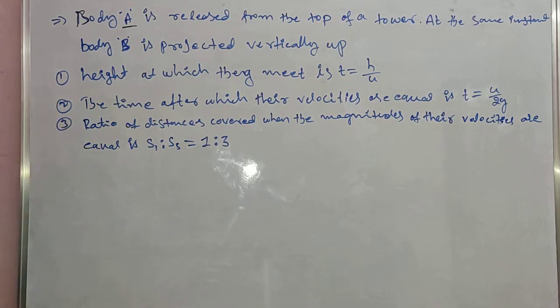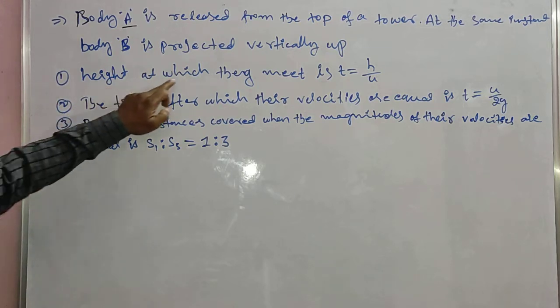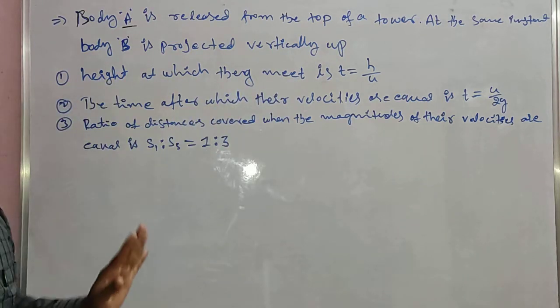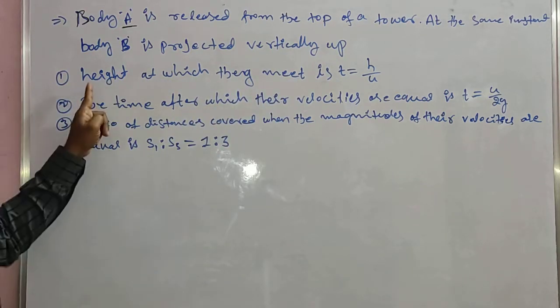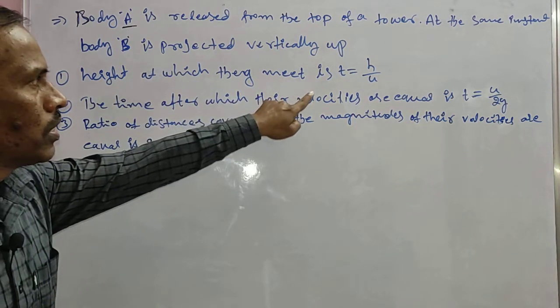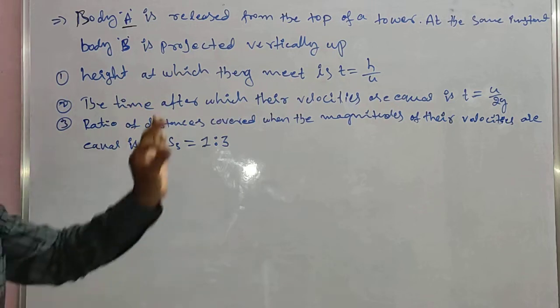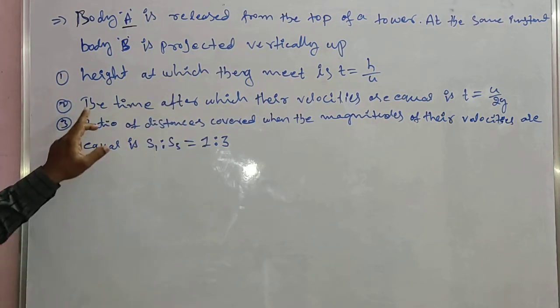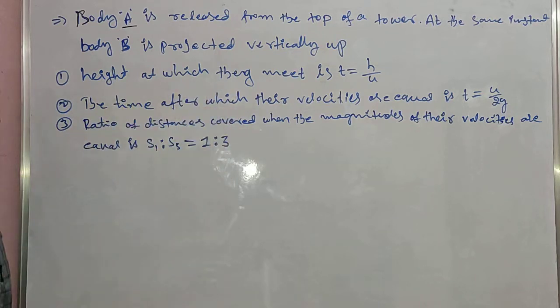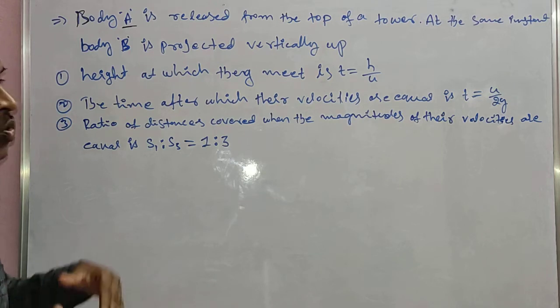First condition: the time at which they meet is t is equal to h by u. Second case: the time after which their velocities are equal is t is equal to u by 2g.